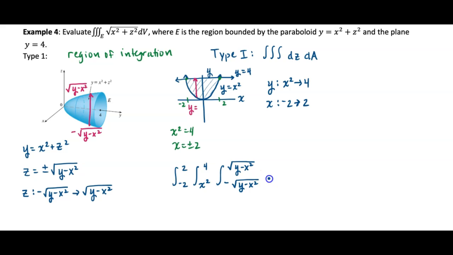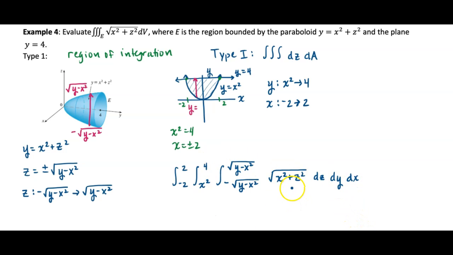Inside we have the square root of x squared plus z squared. Now we have dz, dy, dx.